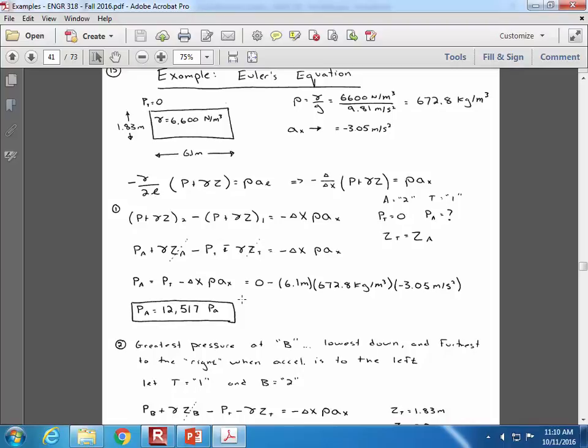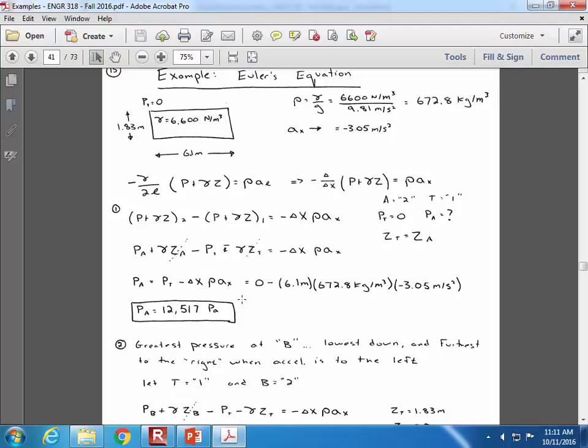And we're given the unit weight to begin with. So let me calculate the density. Density is unit weight divided by g. So 6,600 newtons per meter cubed divided by 9.81 meters per second squared. So that tells me the density of the fluid is 672.8 kilograms per cubic meter.